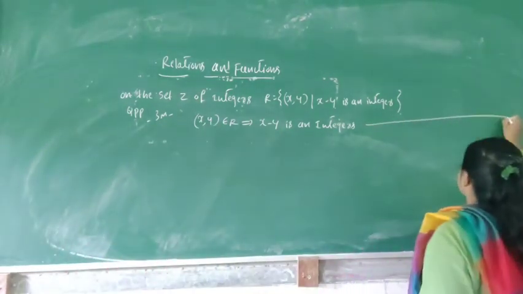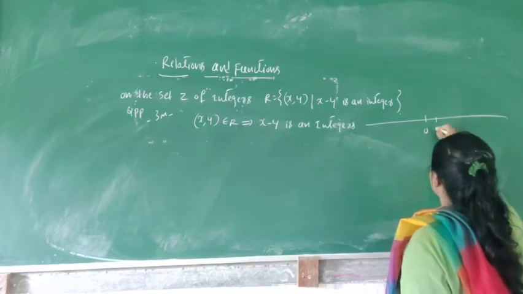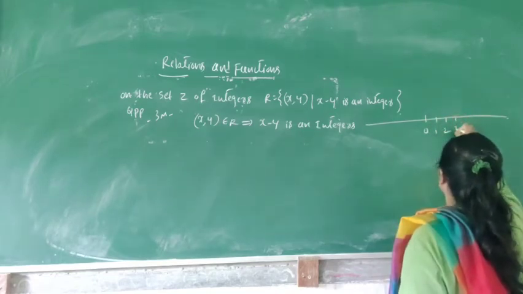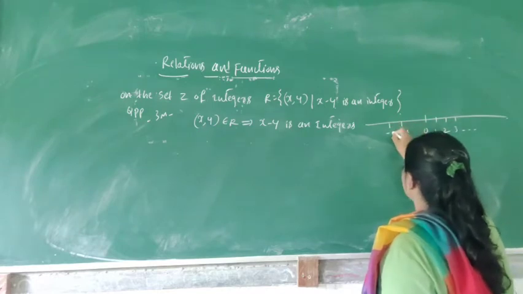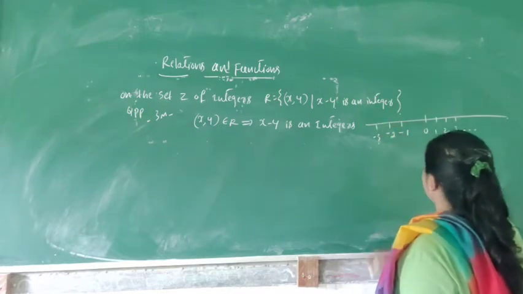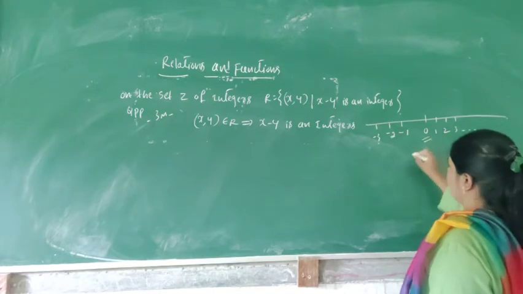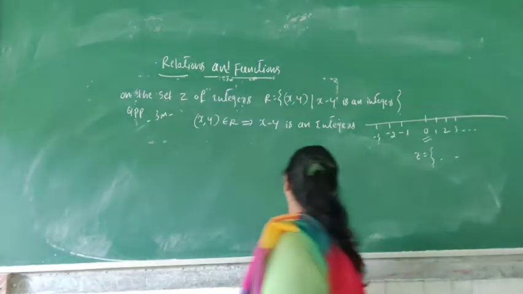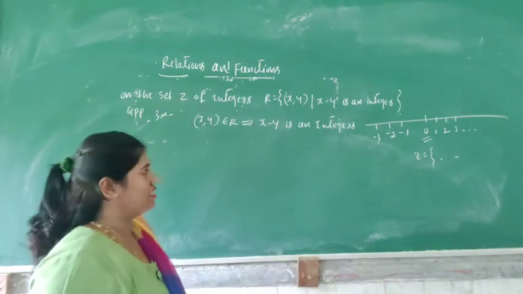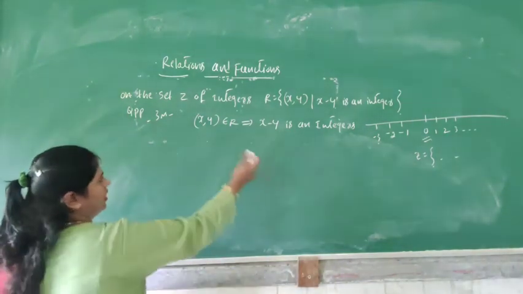Yes. So 0, 1, 2, 3 up to infinity, minus 1, minus 2, minus 3. 0 is an integer.